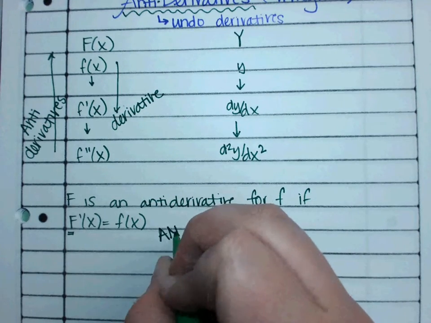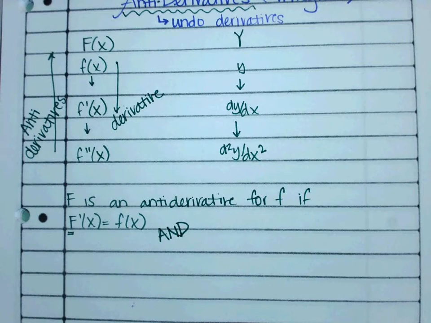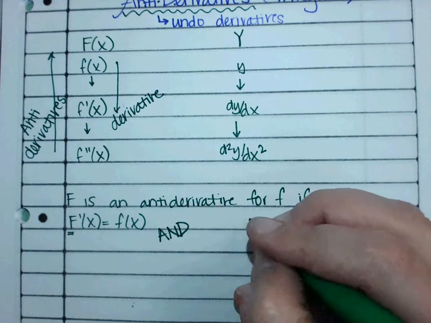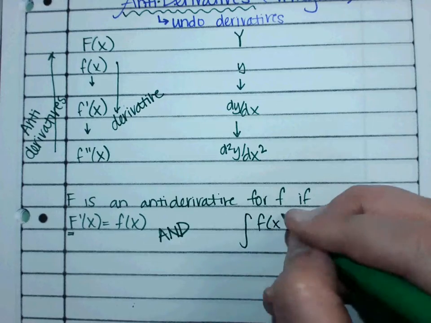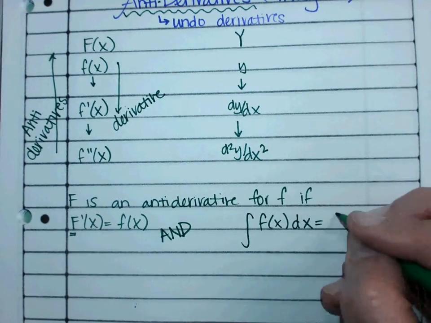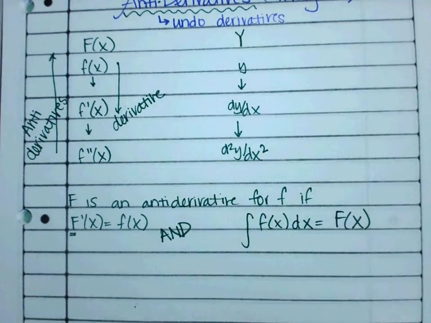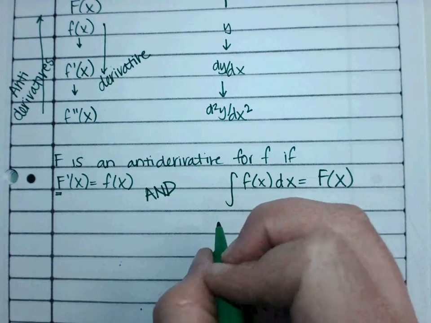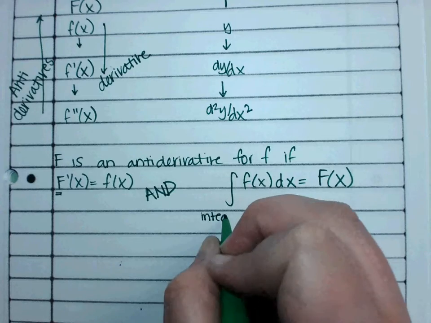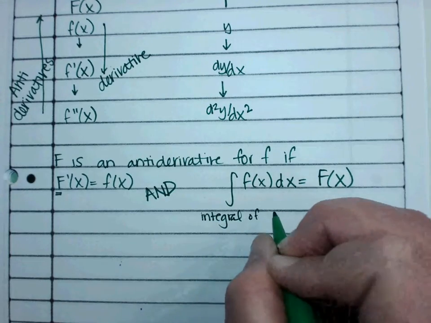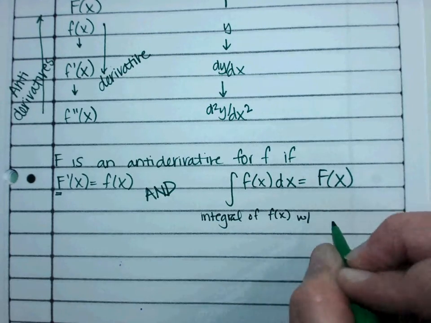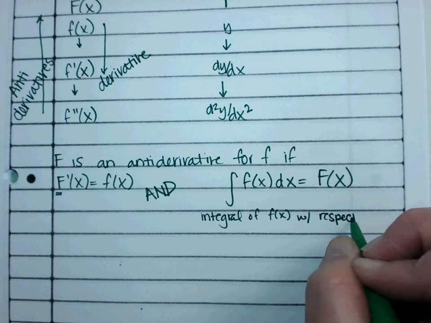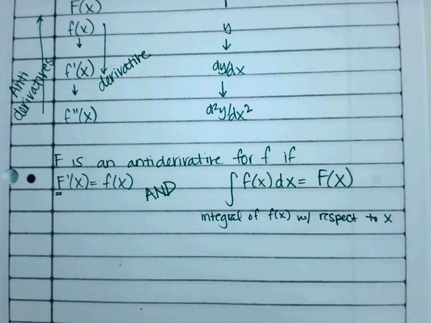And there's one other definition. We're going to introduce the integral symbol, which is this. Write that down. This integral symbol is kind of like a really long S. So this is the integral of f of x with respect to x.